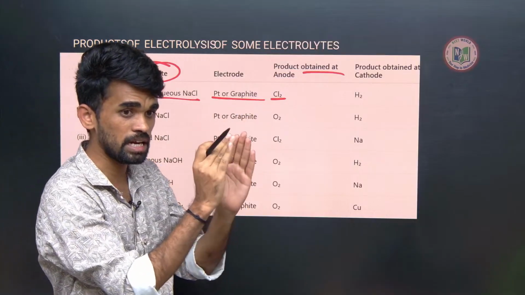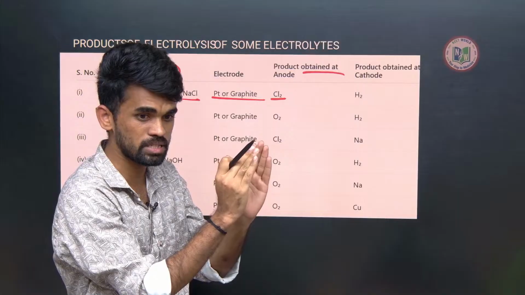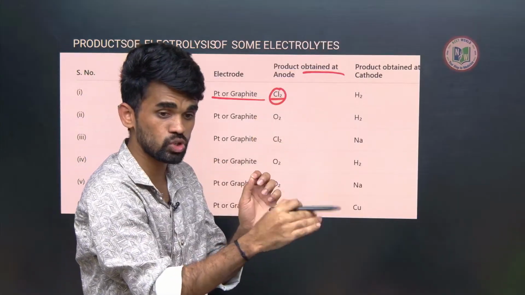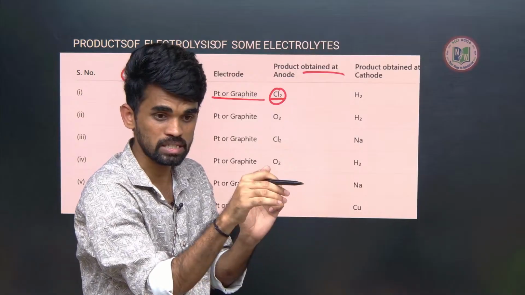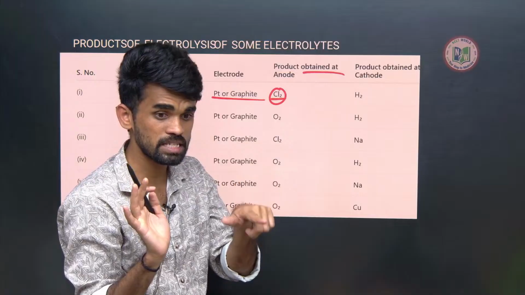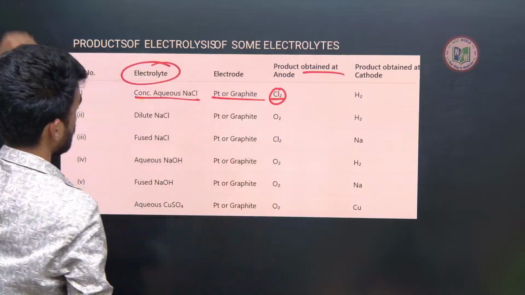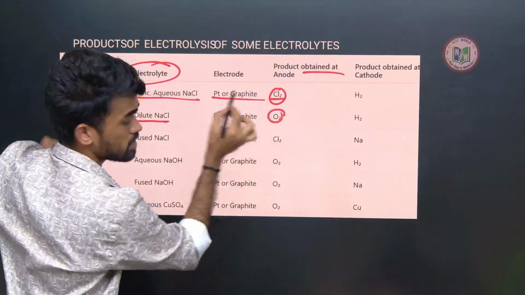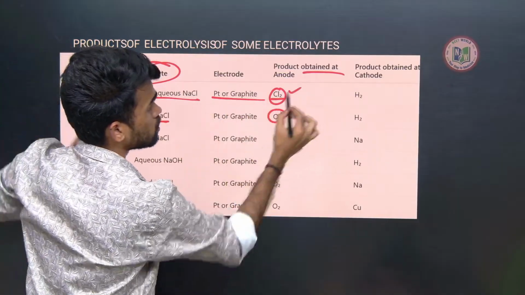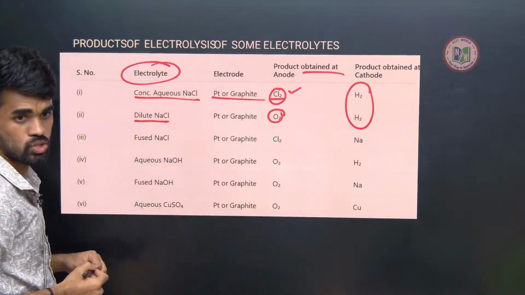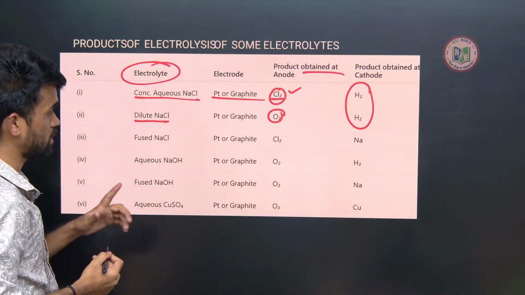If they just say dilute NaCl, we should say OH minus will oxidize to form O2 gas, okay, that is in the case of dilute. See here we have dilute NaCl. So O2 gas is formed, at concentrated Cl2. So in both cases H2 only at cathode, we have seen that.